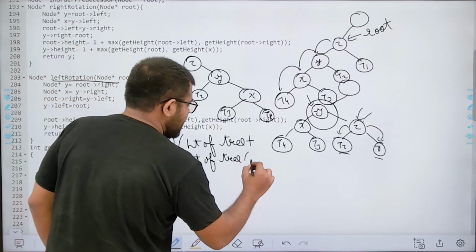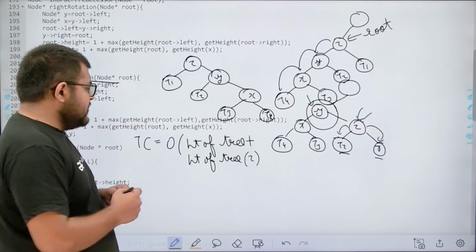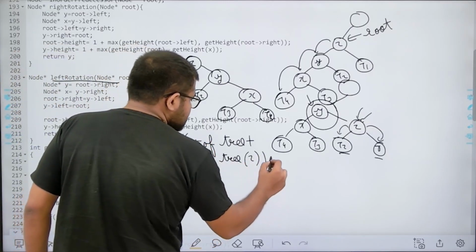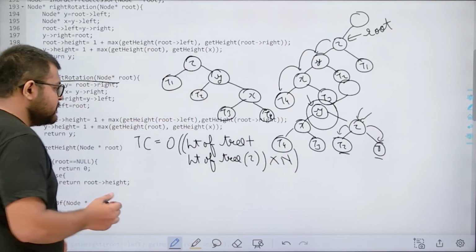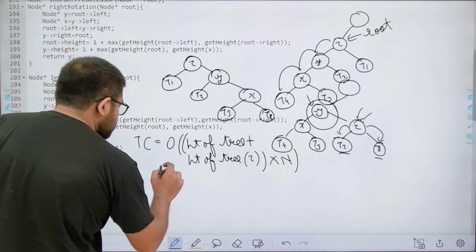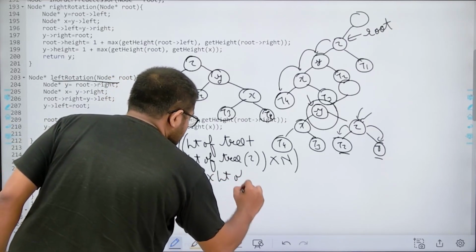So I can multiply it with 2, right? And this process is repeated how many times? This whole process is repeated n times, because totally we want to delete n nodes. So 3 times height of tree is nothing but height of tree, right? We do not consider constants, so it is basically n into height of tree.